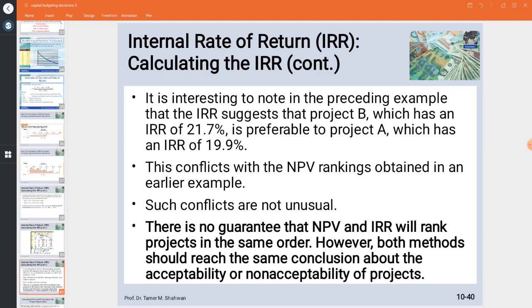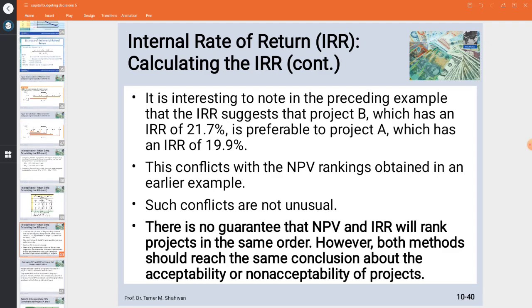But according to rank, maybe you have different ranks, no guarantee. In most cases, a conflict between results is not unusual, but sometimes it could occur, and you must be careful about both of them. In general, it's very important to take this into consideration when you are calculating NPV and internal rate of return.